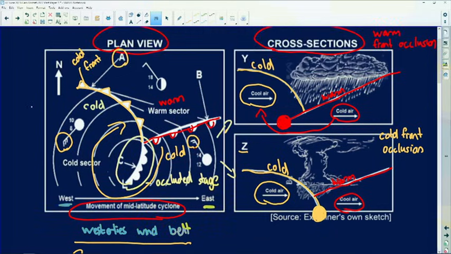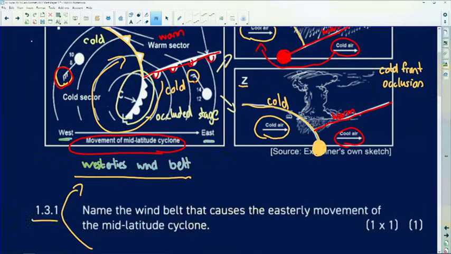Apologies, behind our warm front. Only 10 knots being represented where the warm front is, but 30 knots behind the cold front. Almost basically 3 times faster than the air behind the warm sector.